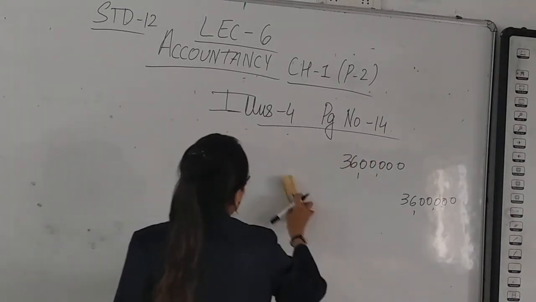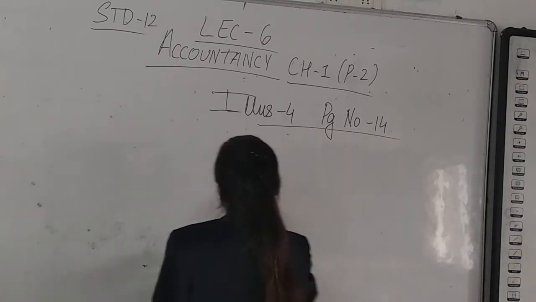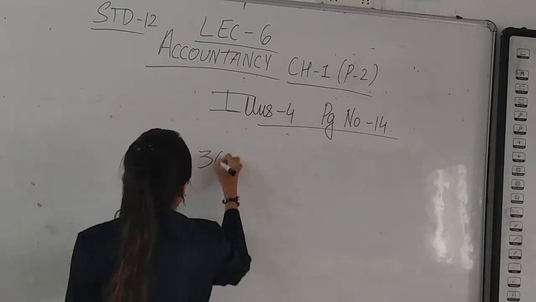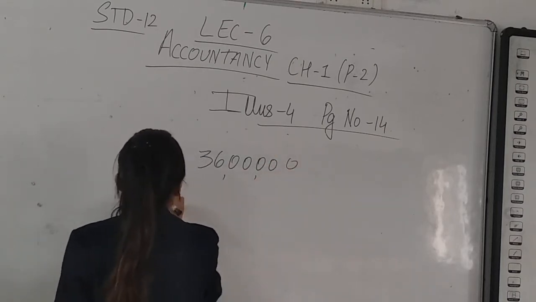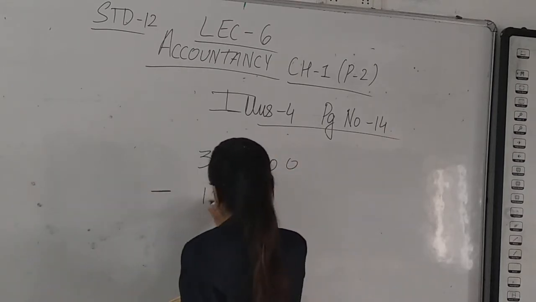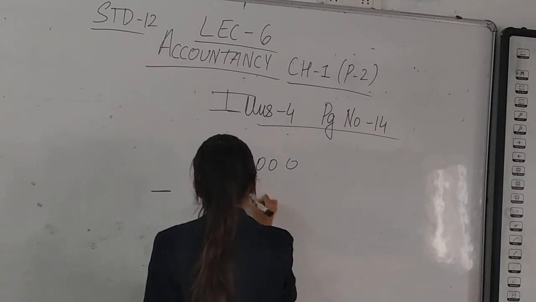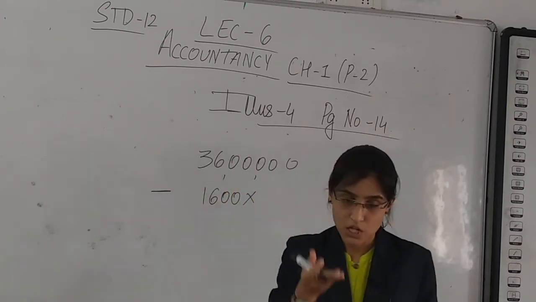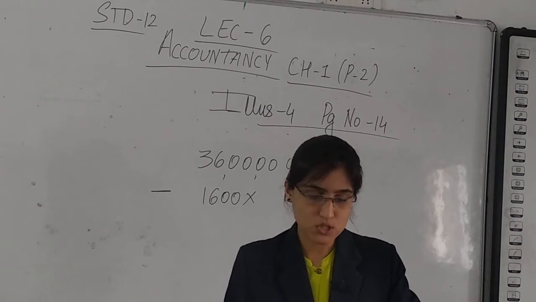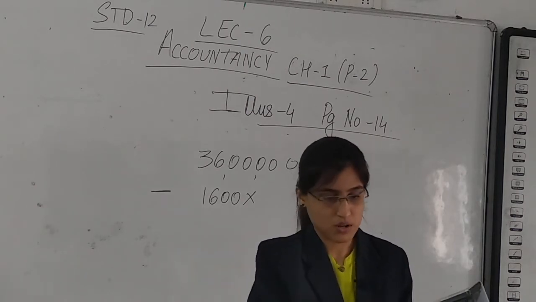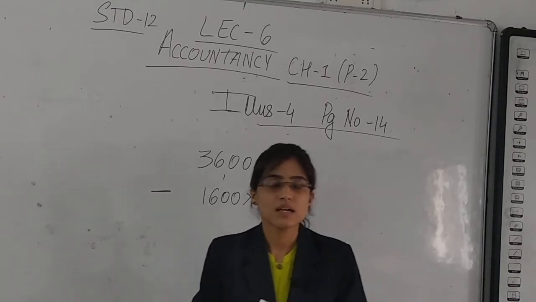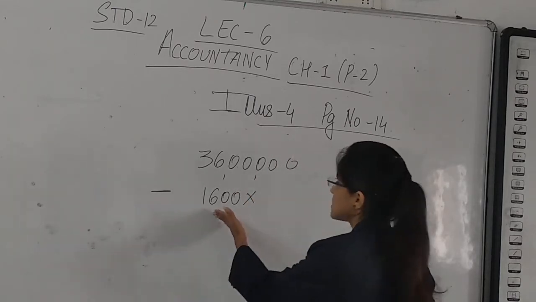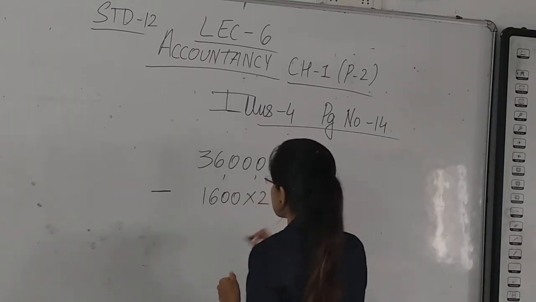But the problem here is, out of 36 lakh, you have to deduct 1600 shares with the rupees 2. It is rupees 2 for first call. On 1600 shares, 2 rupees are not being received.